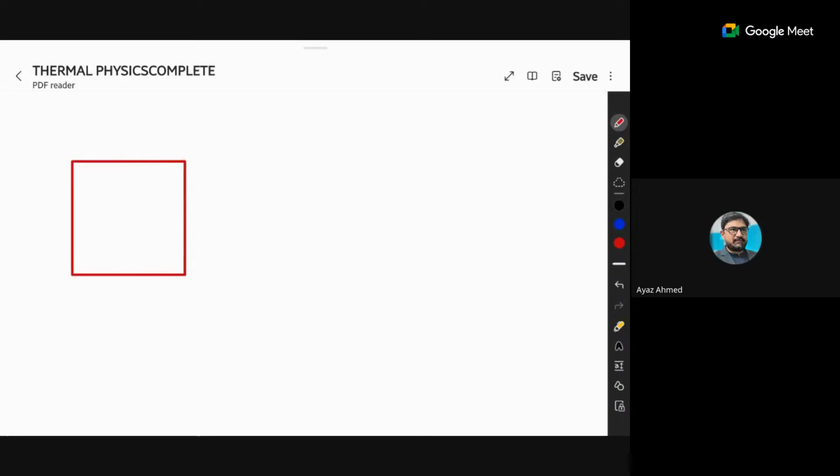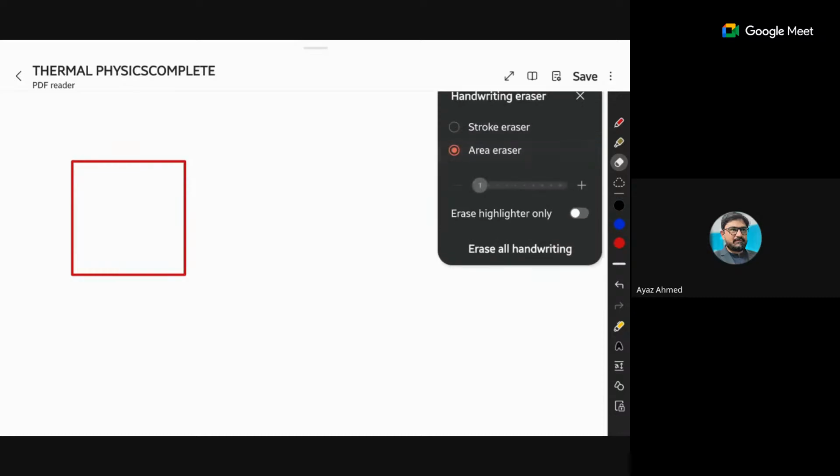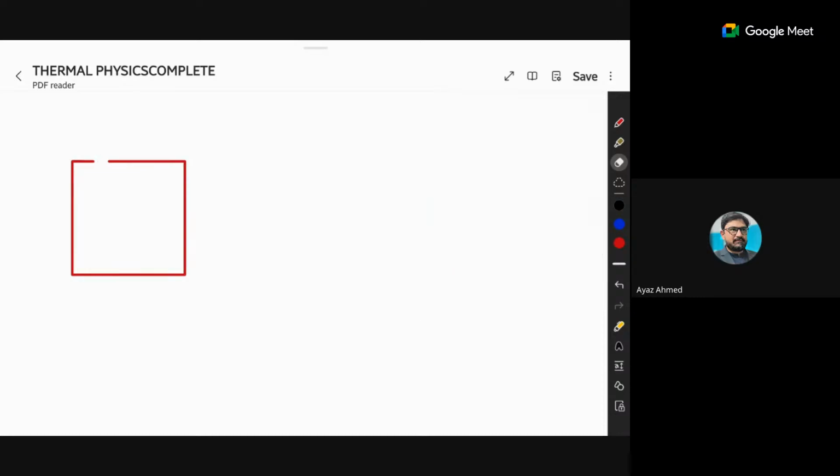Let's say this is a block, in which you have made two holes. In one hole you have placed a thermometer inside. Let's say this is an iron block, and here you have placed a thermometer inside. I'm just going to give it this symbol. This is, let's say, a thermometer.